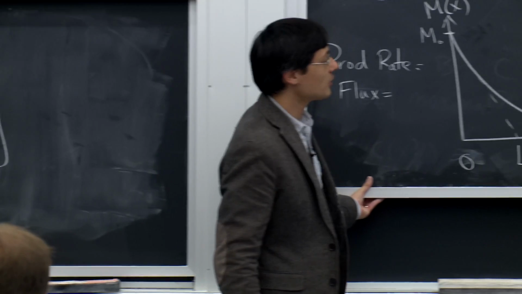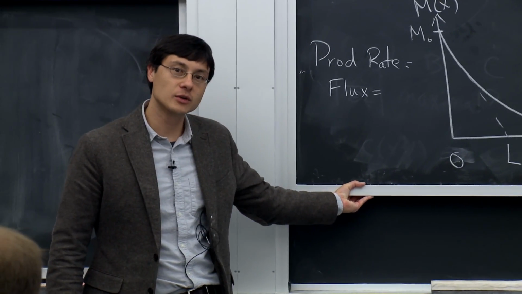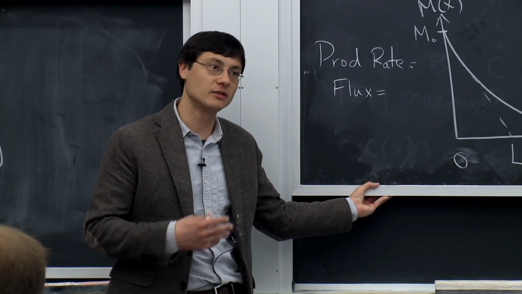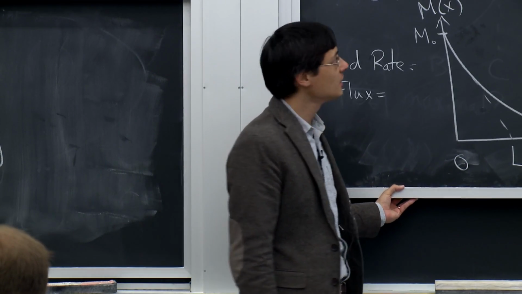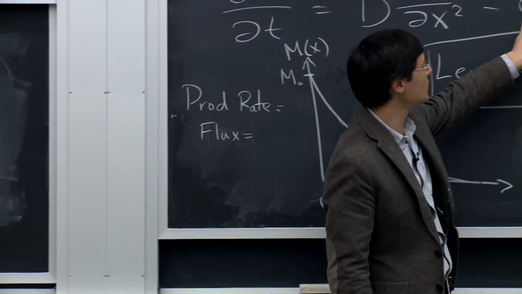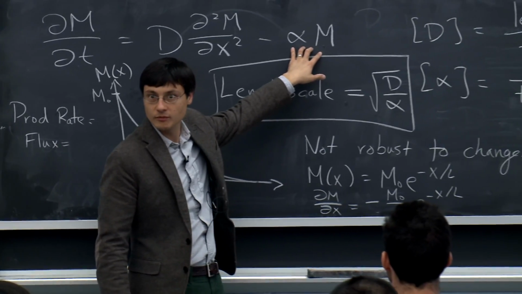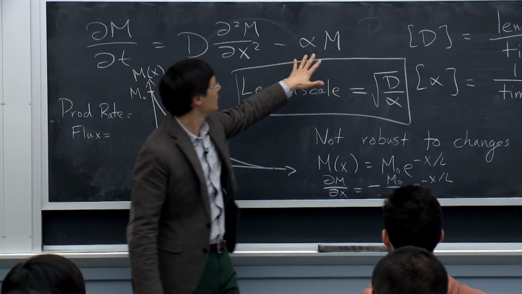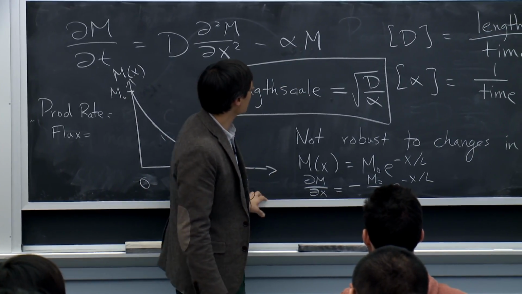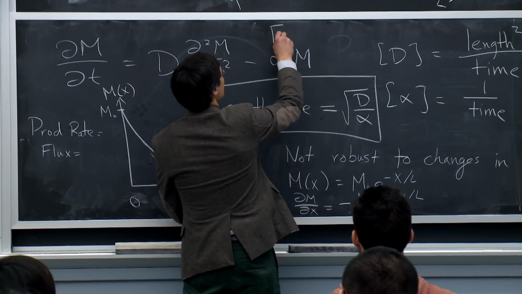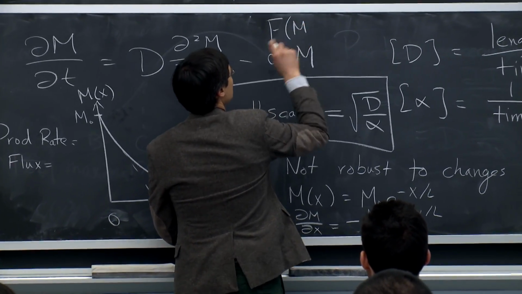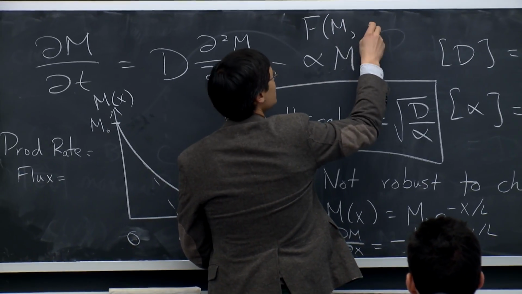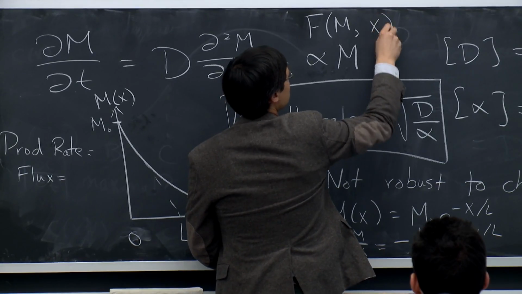All right, so the proposal that Uri suggests as a way to make this more robust is to somehow change this term, right? Now, the goal in all this was to have some degradation rate, and he writes it as f, a function of concentration m. In principle, this could be a function of the position x, but he doesn't want that.